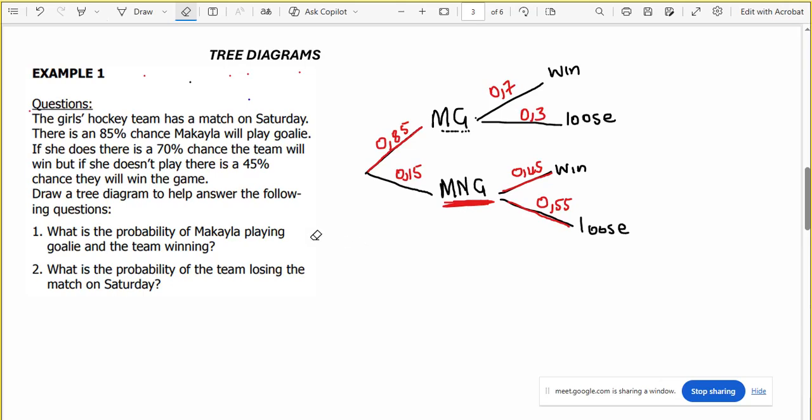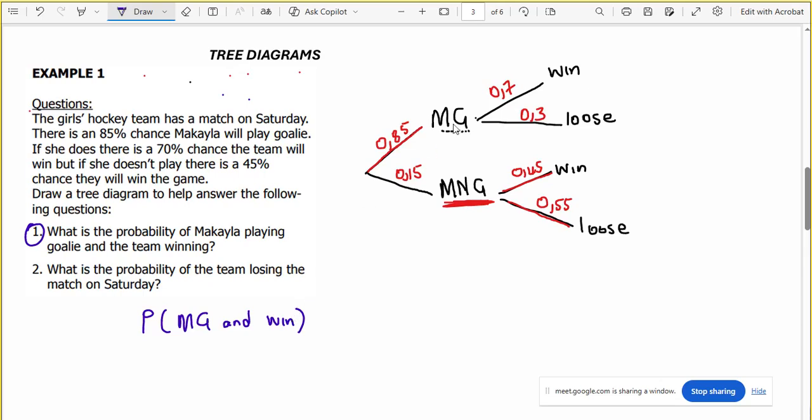Do you understand? Yes. Now that we have the tree diagram, let's attempt answering the following question. What is the probability of Michaela playing goalie and the team win? Look at this. This is how you move. We are looking for the probability of MG, Michaela playing goalie, and win.